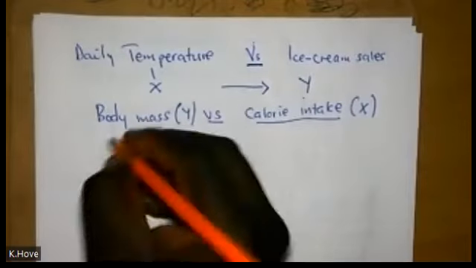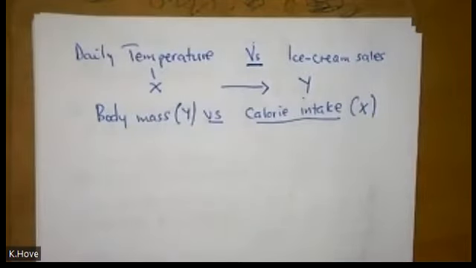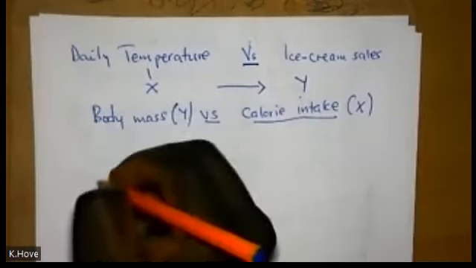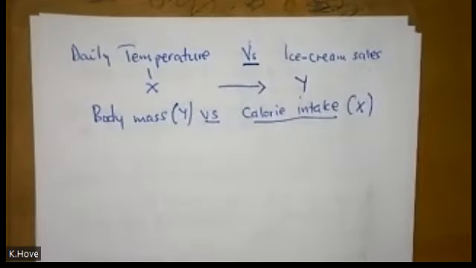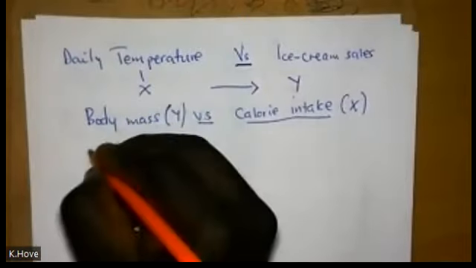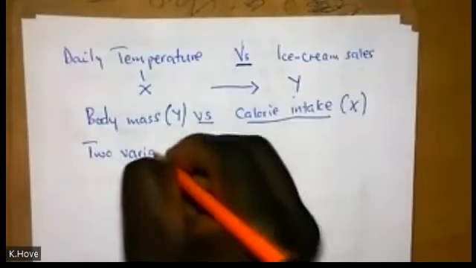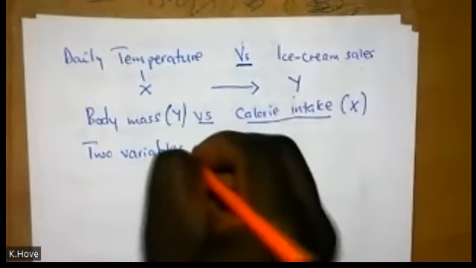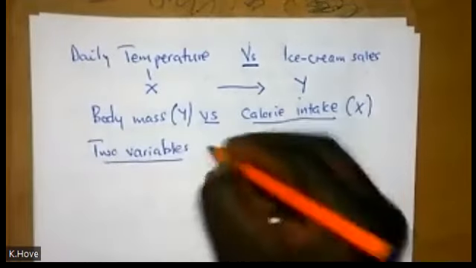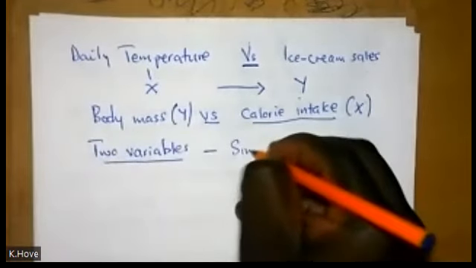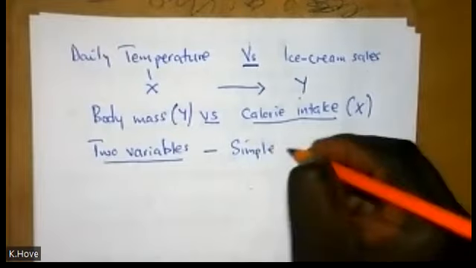Now that we've appreciated the concept of dependent and independent variables, I want us to go further. When we talk of two variables only, when we have two variables, we talk of what we call simple regression.